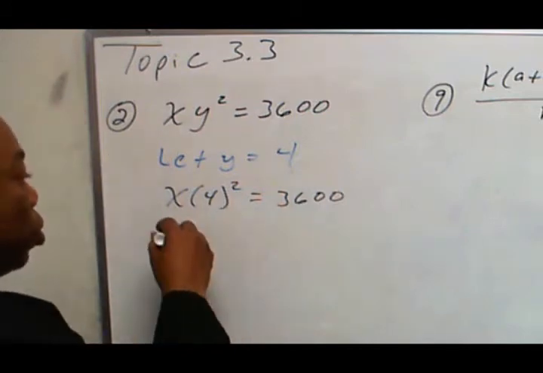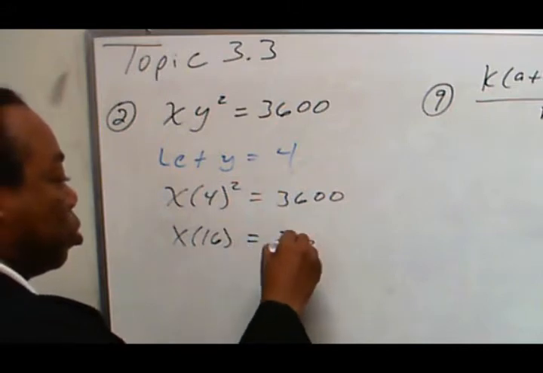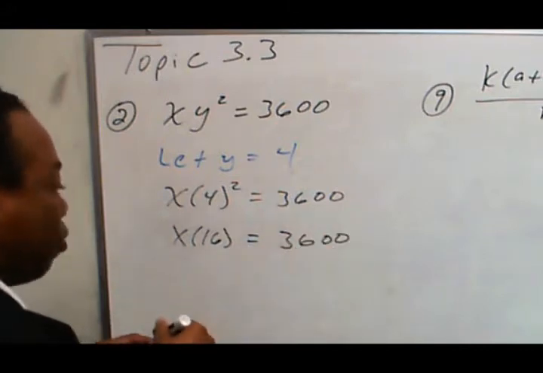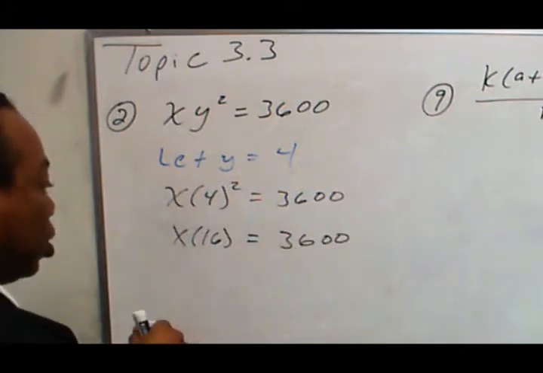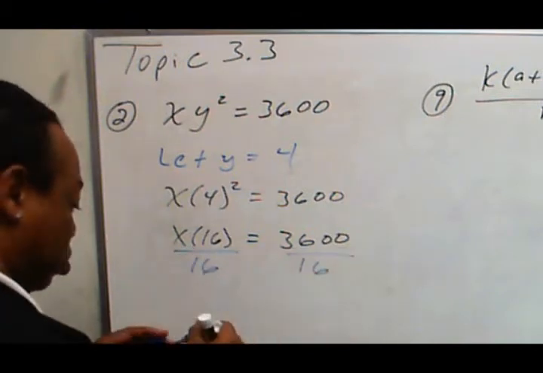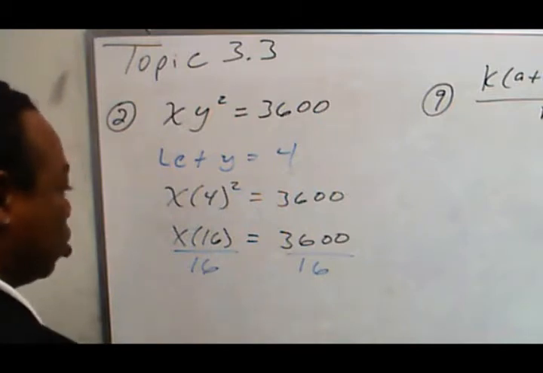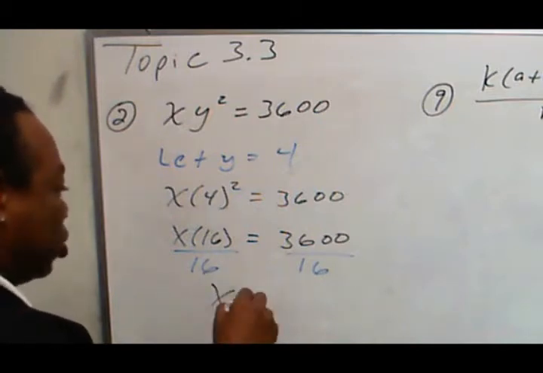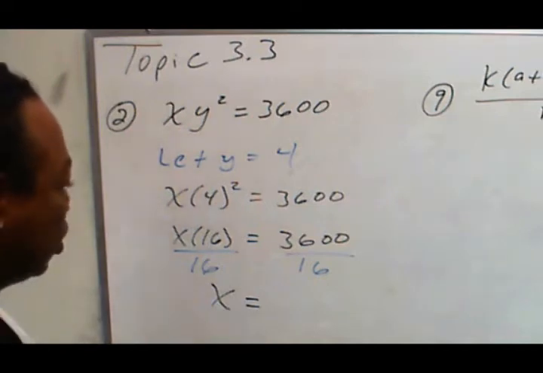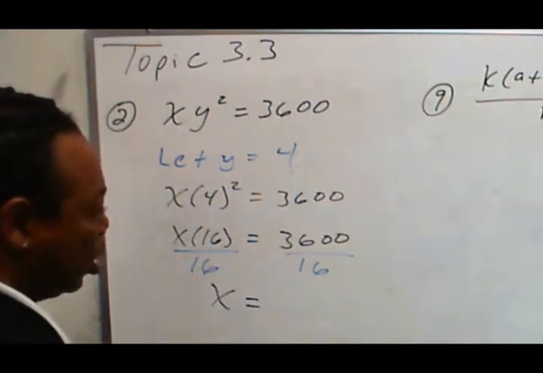4 times 4 will be 16. Then I solve for x by dividing everything by 16. And this will give me x. 16 goes into 36... let's see.